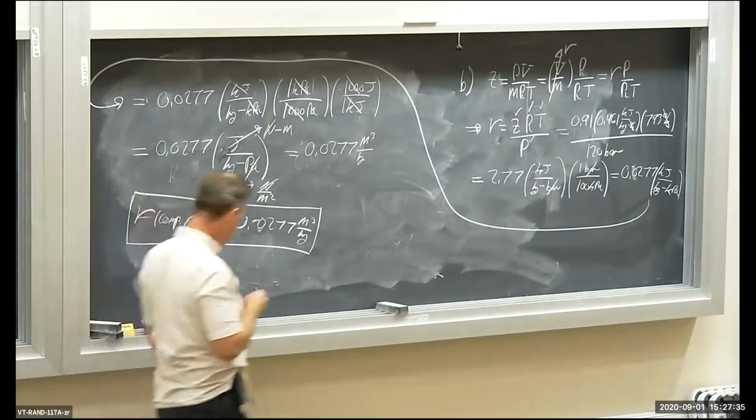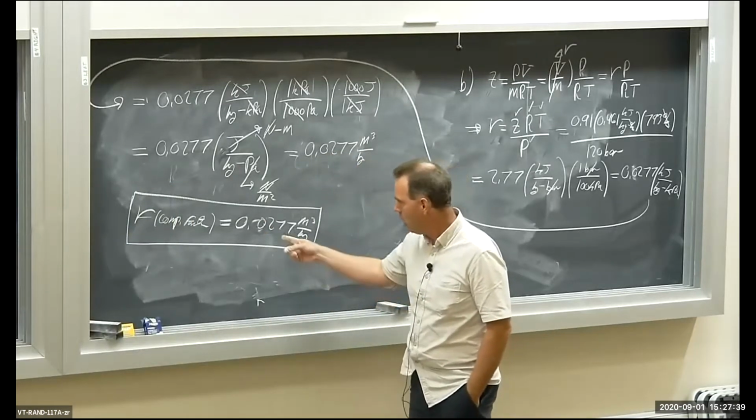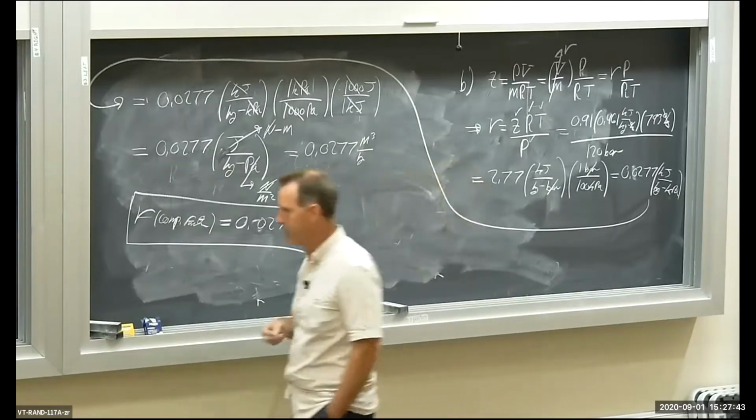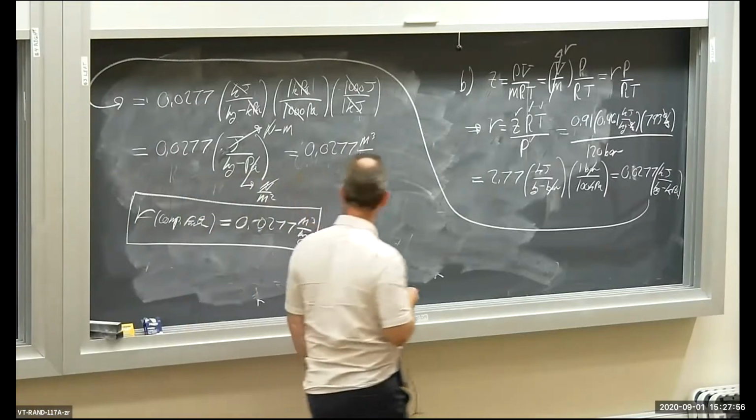Using the compressibility factor Z, which we found to be equal to 0.91 using the chart, we get something very similar, 0.0277. Very close. And I was just eyeballing the chart. Okay? So the compressibility factor approach actually did pretty good.